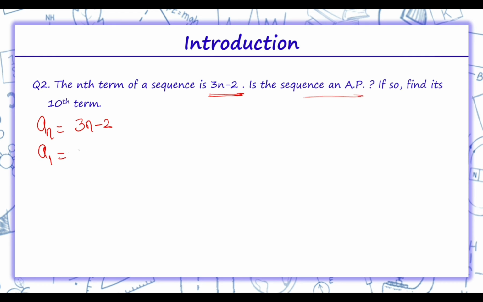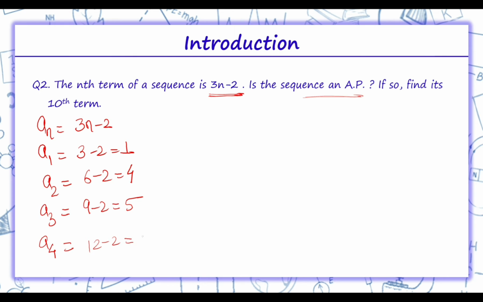So a1 will be 3 minus 2 which is 1. a2 will be 3 into 2, 6 minus 2 which is 4. a3 will be 3 into 3, 9 minus 2 which is 7. a4 is 3 into 4, 12 minus 2, that is 10. So this is nth term of the sequence.